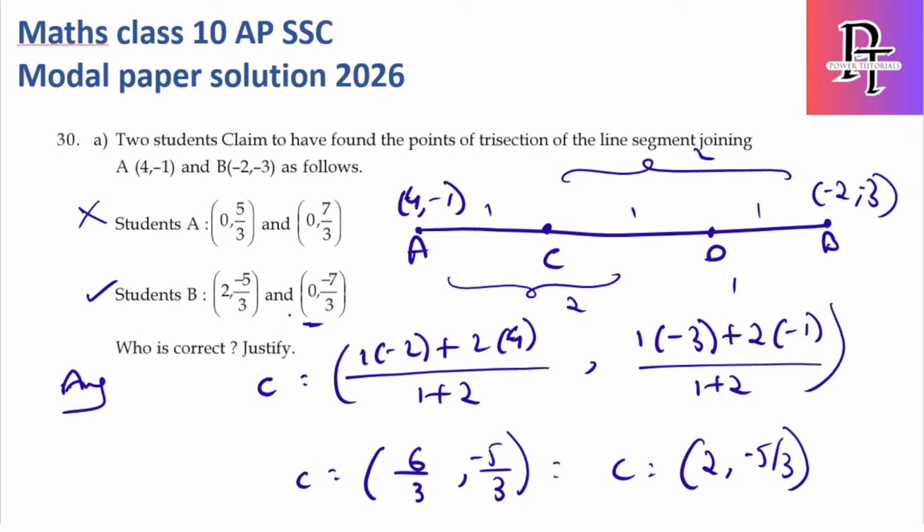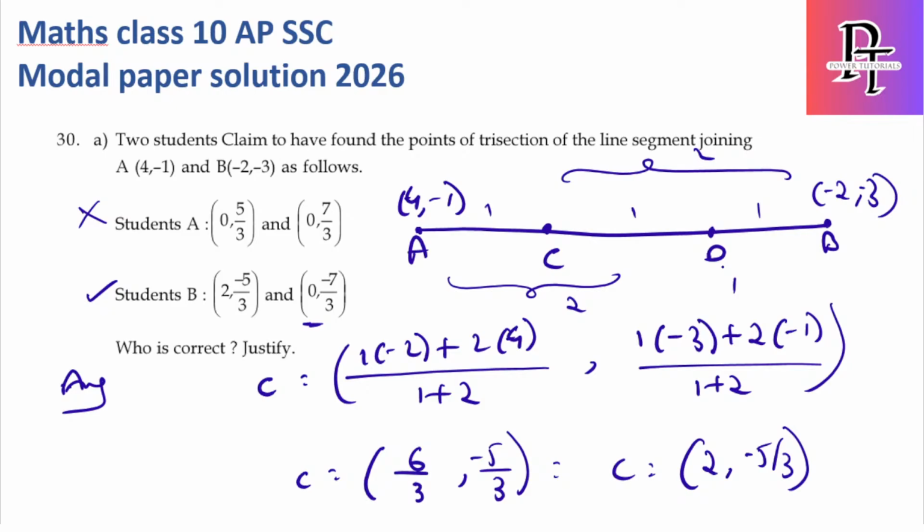For the points of trisection, you have to assume the ratio is 1:2 for the first point, and 2:1 for the second point.